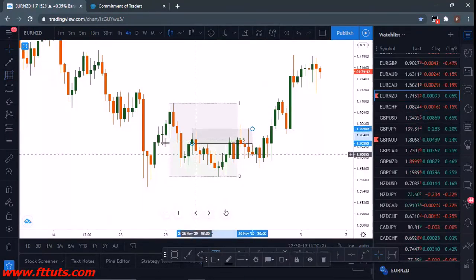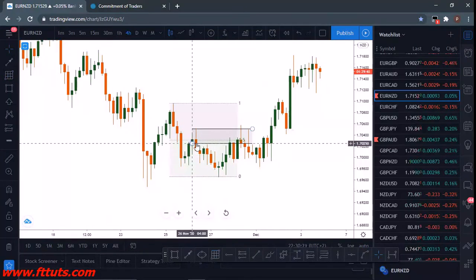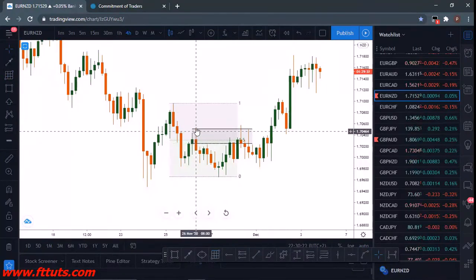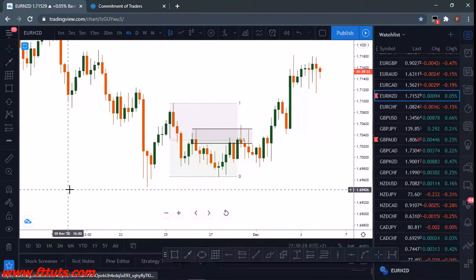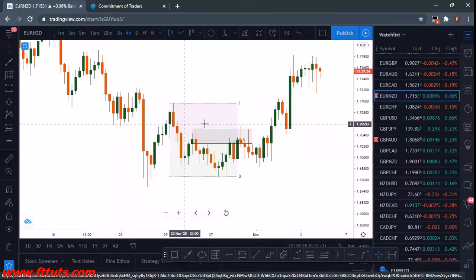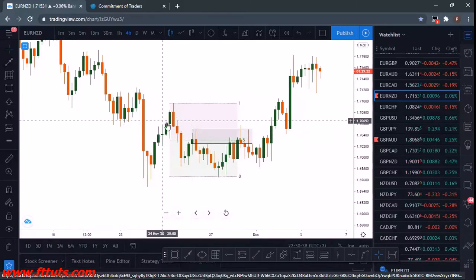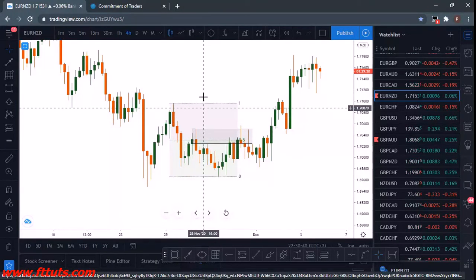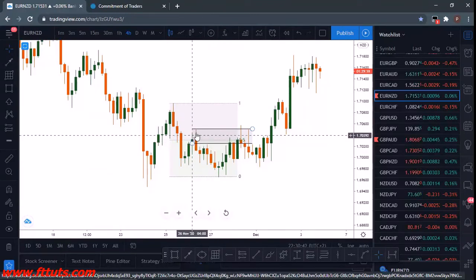Why? When you draw it from this body to high, it is actually below the 50% of the FIB, so we were not going to qualify this area. Probably that area up there was going to be supply, but this one was not.